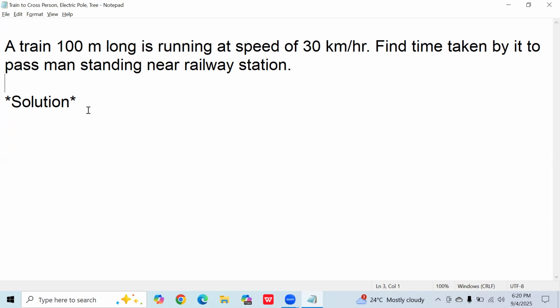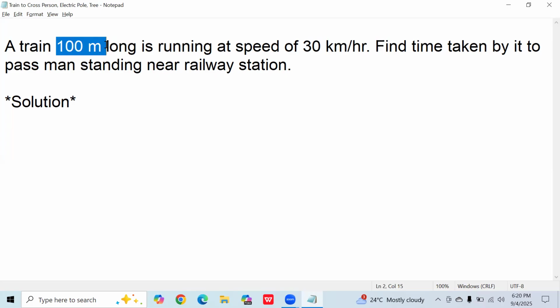Whenever we are solving such problems like a train crossing a man, tree, or pole, which is static, standing at the same position, we just need to consider the length of the train. So the time required for any train to cross a person, tree, or pole will be as good as the time taken by that train to cover its own distance.